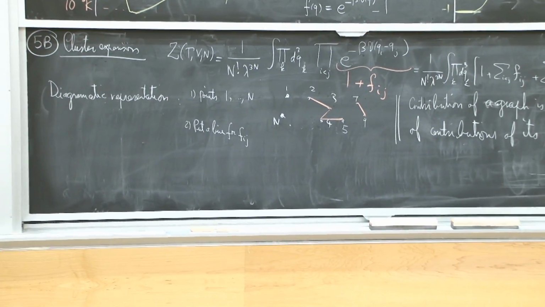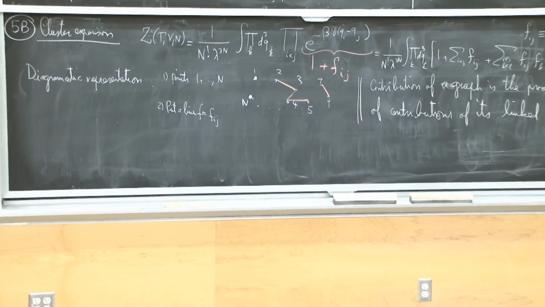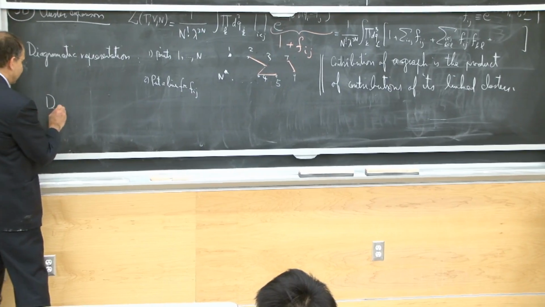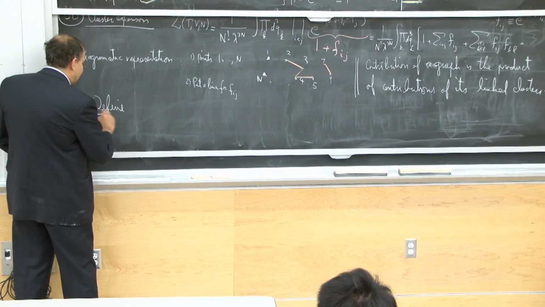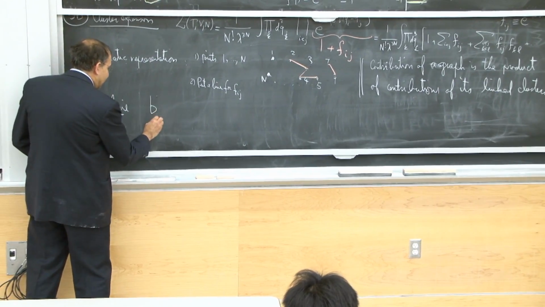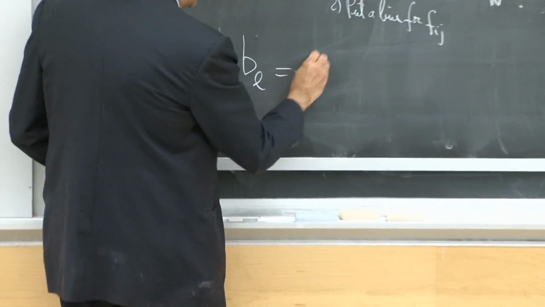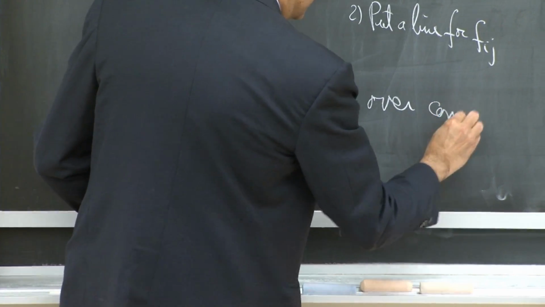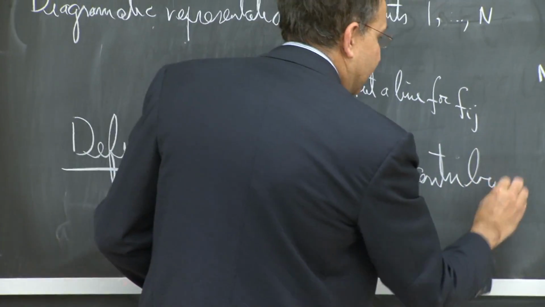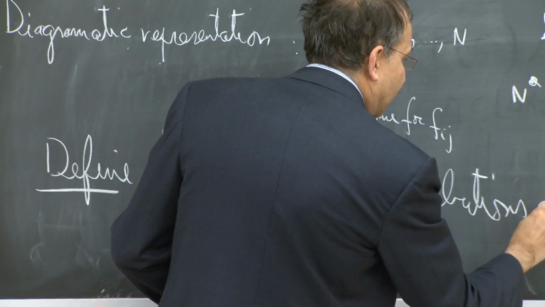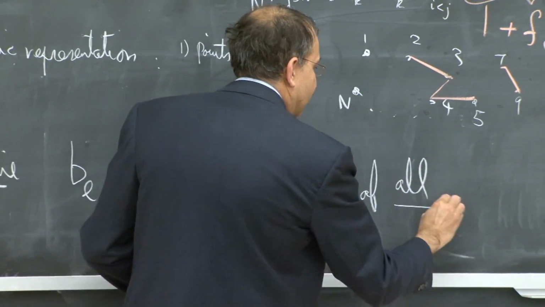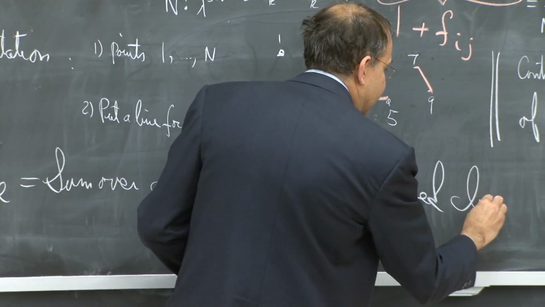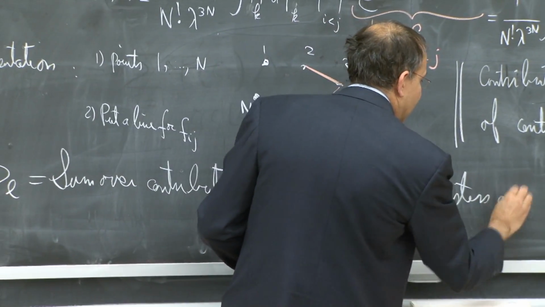So let me define the analog of prime numbers as follows. I define BL to be the sum over contributions of all linked clusters of L points.